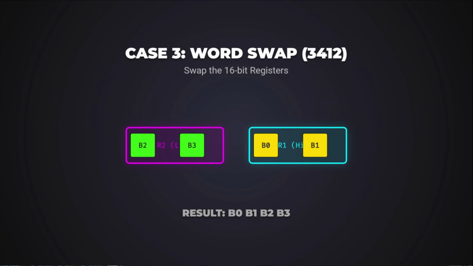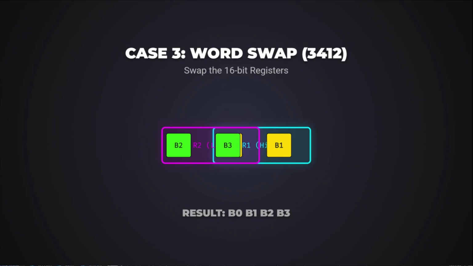This configuration involves swapping the order of the 2 16-bit registers, R2 followed by R1, while maintaining Big Endian byte order within the words. R2, containing B2, B3, is transmitted first. R1, containing B0, B1, is transmitted second. The resulting 4-byte sequence is B2, B3, B0, B1. This is often called the 3412 format.